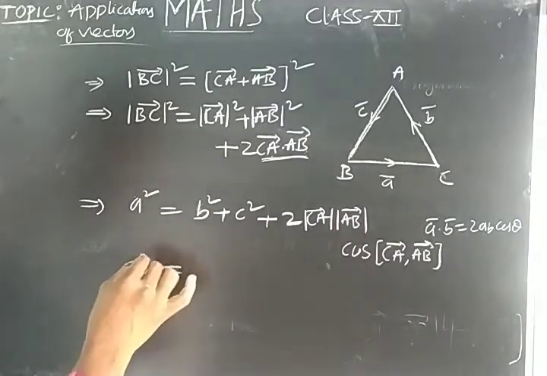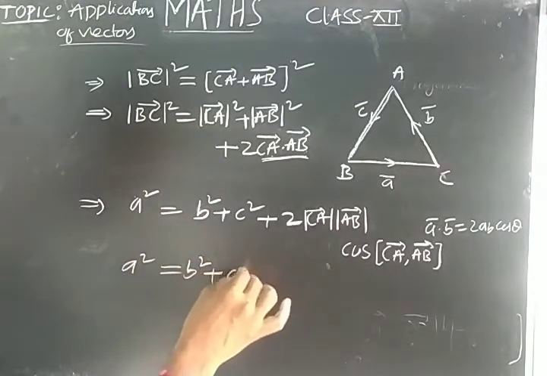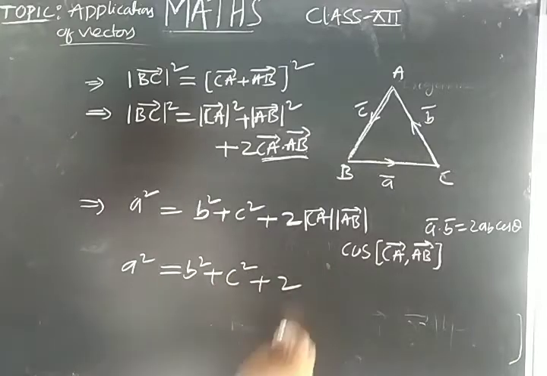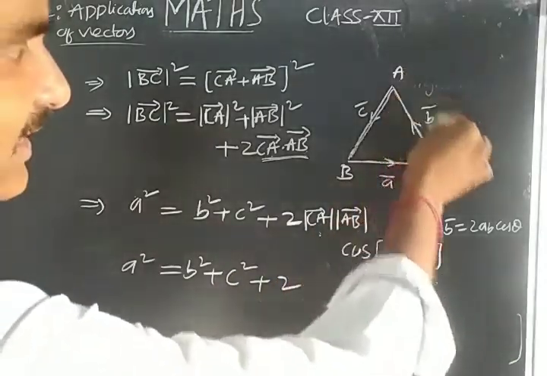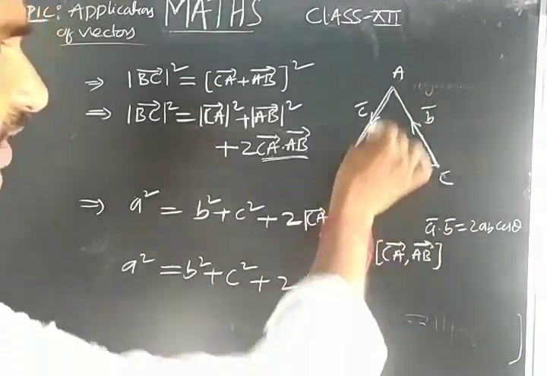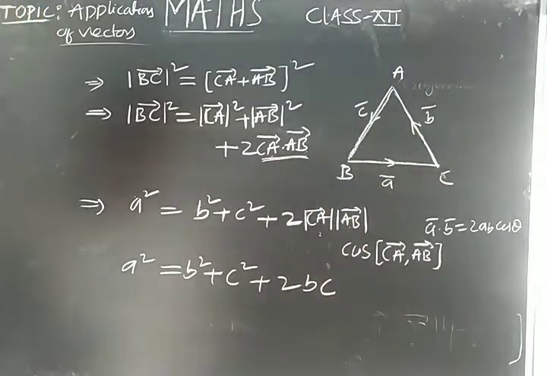So this is a square equals b square plus c square plus 2, the length of CA is b, the length of AB is c, 2bc cos of the angle.